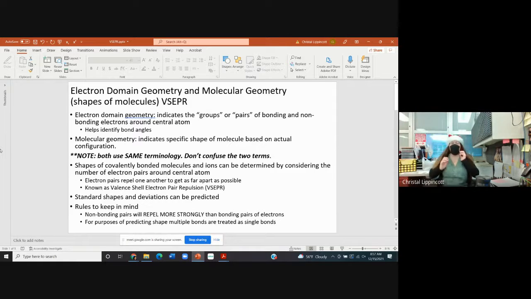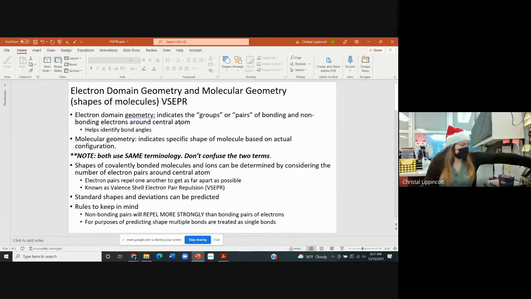All right, so VSEPR structures are a way of showing you how to draw these atoms or these molecules properly based on the actual shape that they take. And what VSEPR stands for is valence shell electron pair repulsion.